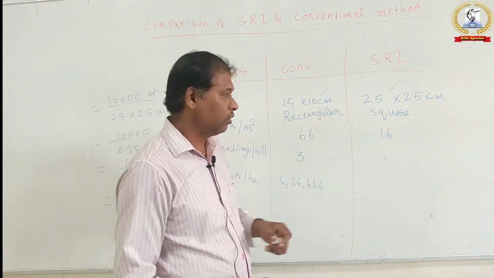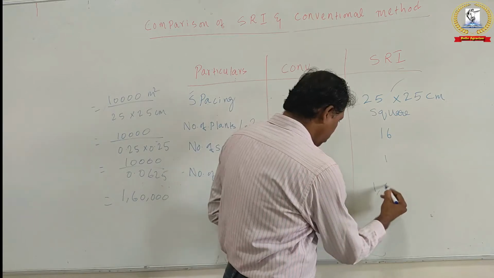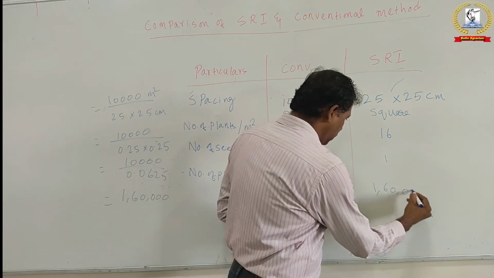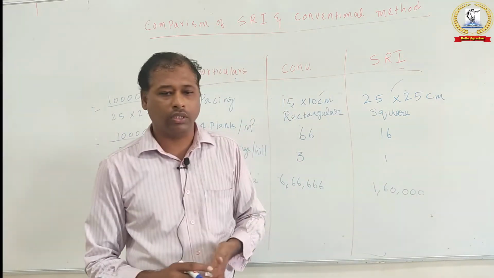So, in SRI we are maintaining 1,60,000 plant population.